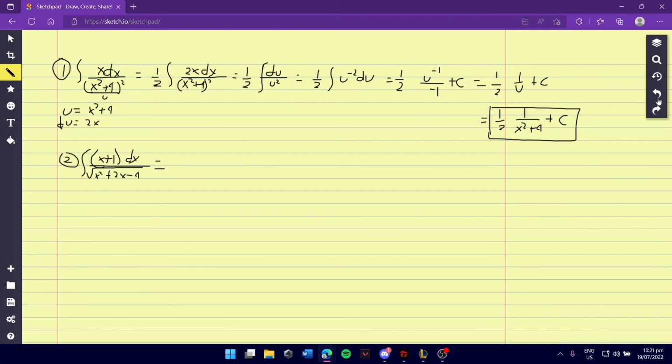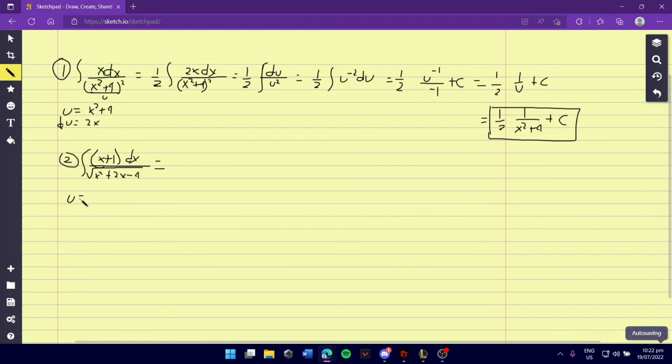Now we will proceed to example number 2. This is the given for example number 2: the integral of x plus 1 times dx over the square root of x squared plus 2x minus 4. First, we need to identify our u. I choose the expression inside the square root sign.